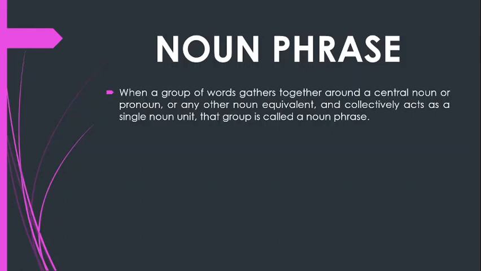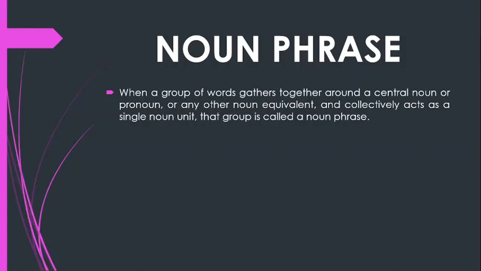Because if there is a finite verb, that will no longer remain a phrase but will become a clause. So remember, when you are asking a verb with what, who, or whom to get the noun phrase, always check for the presence or absence of finite verbs.